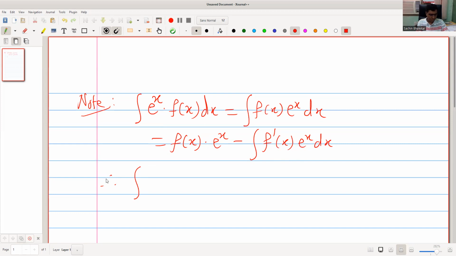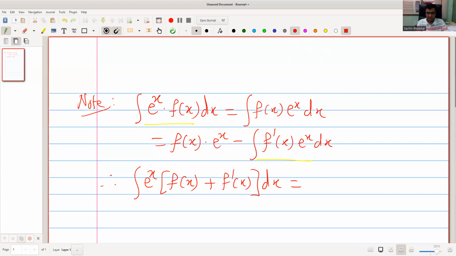So it is integral e raised to x into f of x plus f dash of x dx. Okay, so we are combining these two integrals, this and this.